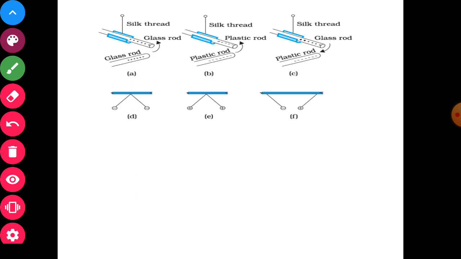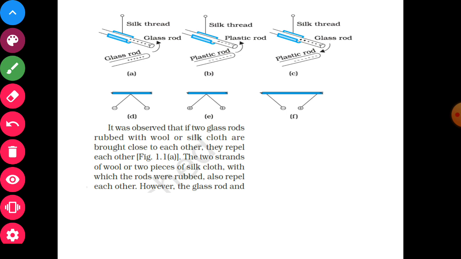This is a picture which is showing the whole process. First of all, the silk thread is taken and the glass rod and plastic rod are tied to a support with the silk thread.